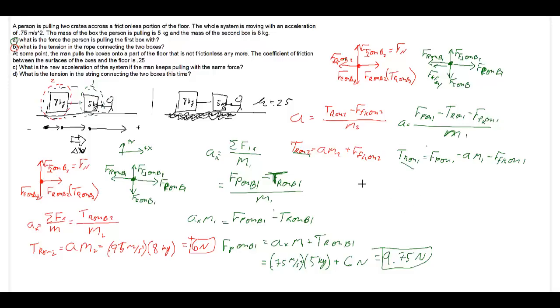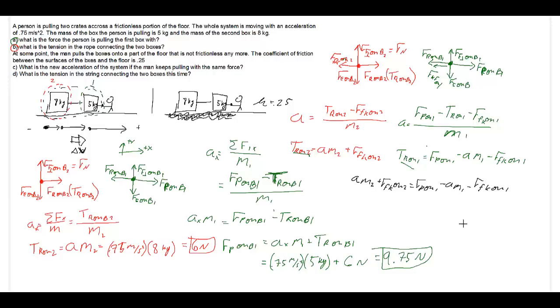So we now have A M2 plus the force of friction kinetic on 2 is equal to the force of the person on 1 minus A M1 minus the force of friction kinetic on 1.